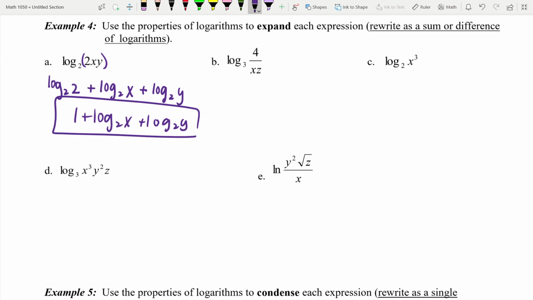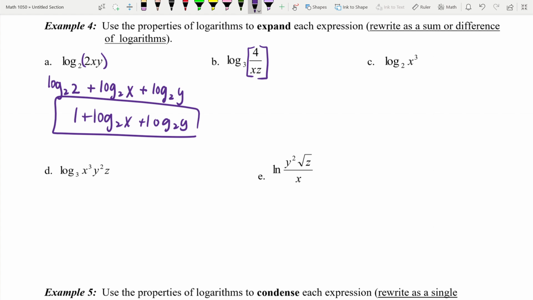Okay? Question B is where you really want to pay attention. I want you to put brackets or parentheses around the 4 over x times z. I want you to listen. I'm going to write the word log 3 times. One for the 4, one for the x, one for the z. Who says I understand that? Anything that's on the bottom has a negative sign.